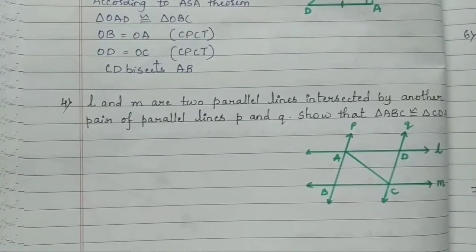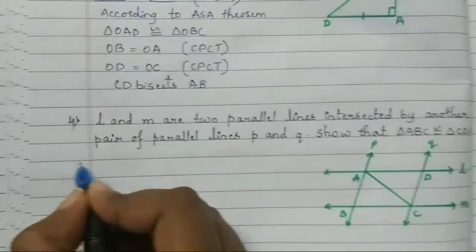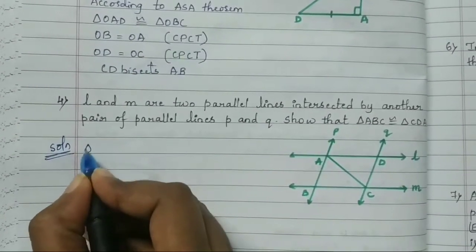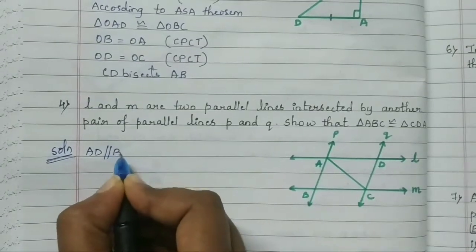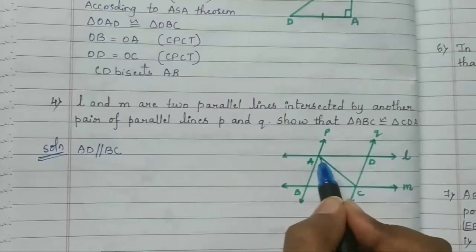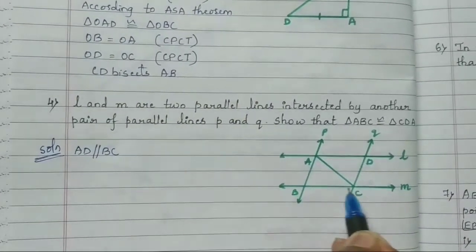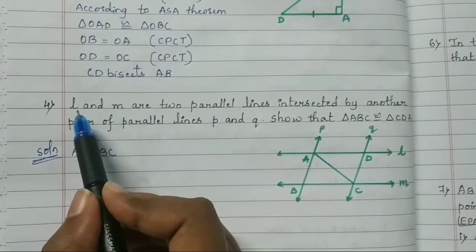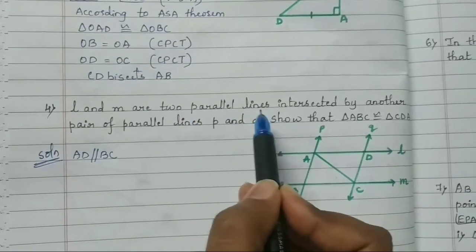Okay, so the first thing we have to write in the solution is, see here AD is parallel to BC. We can write here this AD is parallel to BC. Why is this parallel? As they have already told us that L and M are two parallel lines.